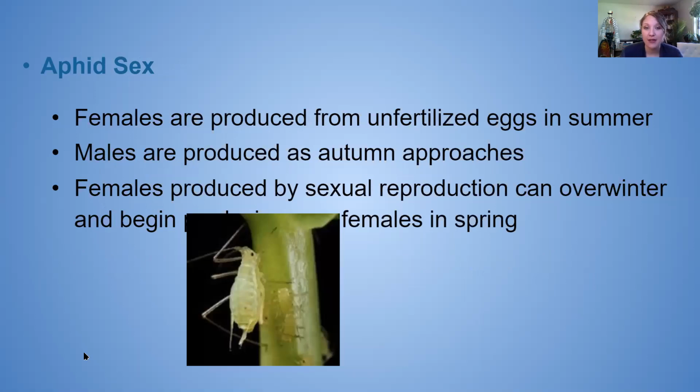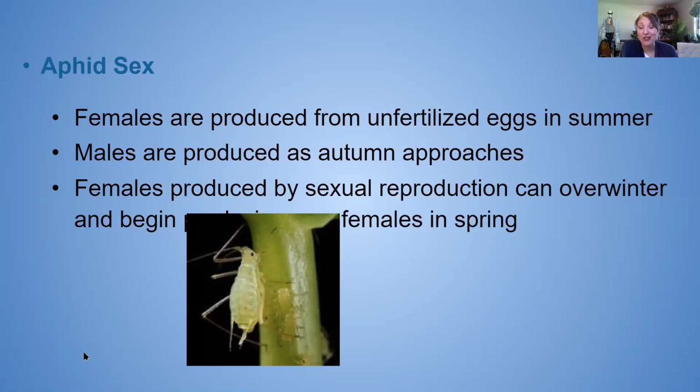So aphids are teeny little bugs that drink the sap from different plants, and aphids can either be haploid or diploid, and whether or not they're fertilized depends on the gender that they will eventually become. So females are actually produced from unfertilized eggs. If an egg the previous year does not get fertilized by a male, it will develop into a female the following year.